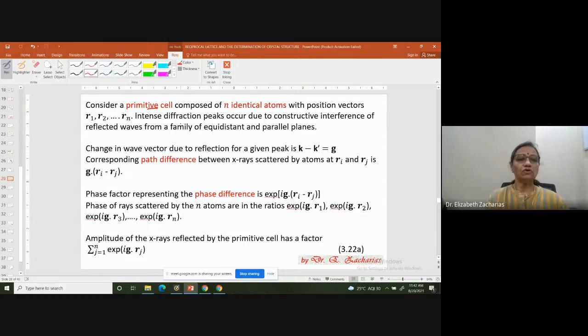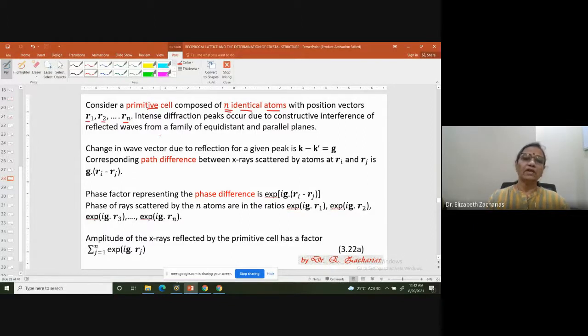So now we will consider a primitive cell which has as basis n identical atoms. Each lattice point is going to be associated with n identical atoms. And the positions of these atoms are given as R1, R2, R3, ..., Rn.